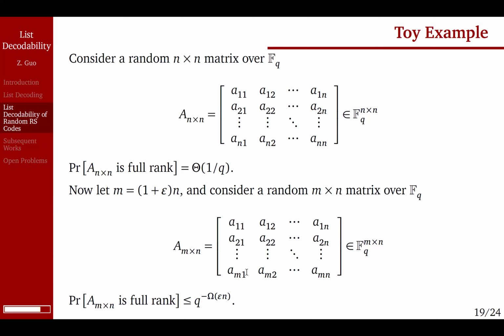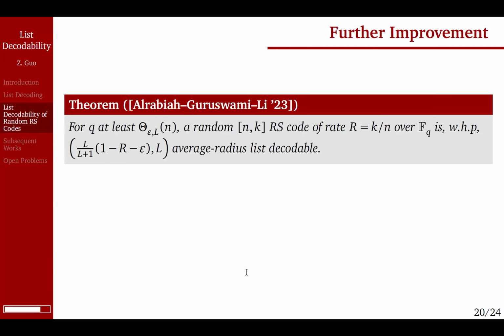The actual application is slightly more sophisticated, but this is the idea. Using it, we are able to bring the field size Q down to quadratic. Shortly after we posted our paper, another group quickly posted a paper that brings Q down to linear.